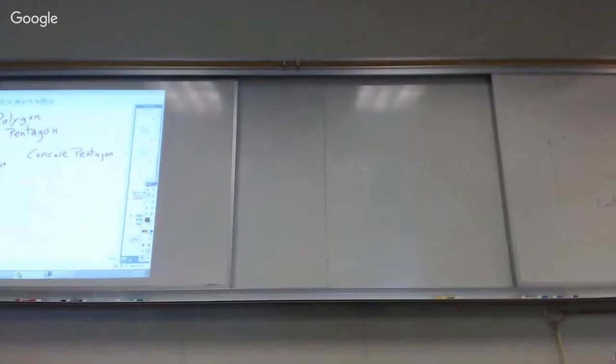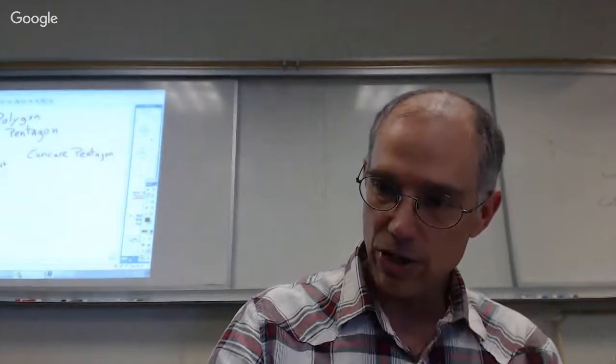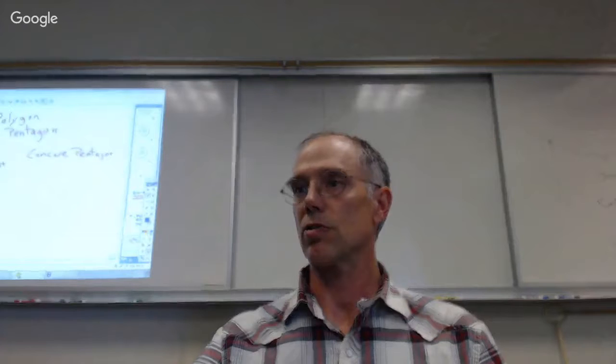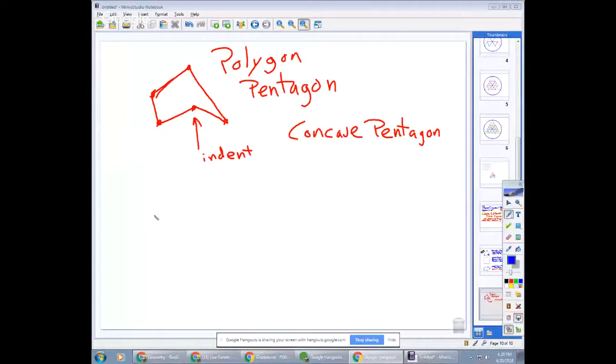All right, so let's organize this stuff a little bit more. So we had another shape that went inside of itself. I'm not doing it justice, but it did something like this. So this thing, it's a plane figure, it's a polygon, it's not simple.